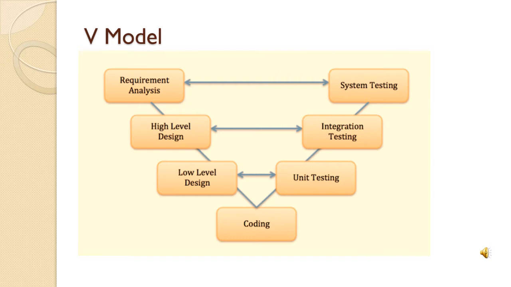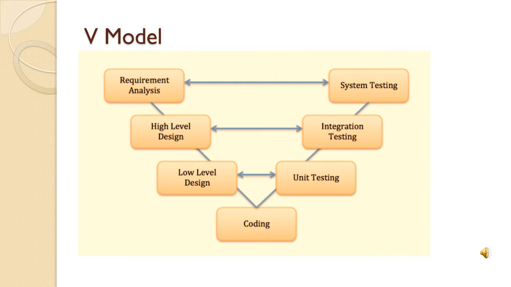This is the picture of V model. Here we can see different levels of different phases, like requirement analysis, and there is high level design. High level design corresponds to the testing part, that is integration and system testing, and there is a coding part, and after coding we have the unit testing part also, and here we can see the interaction between these phases.